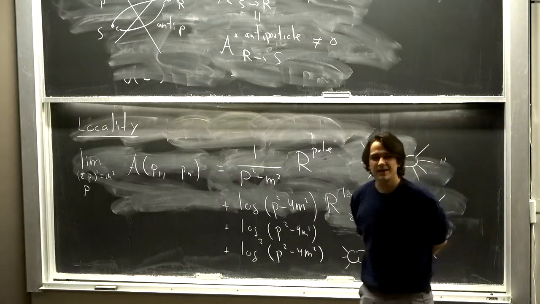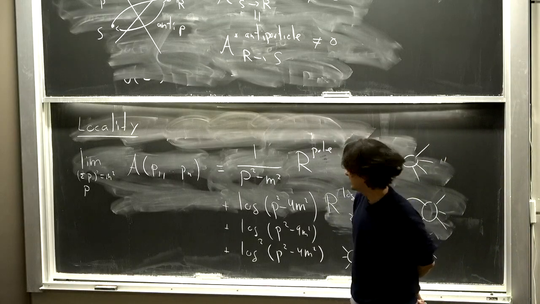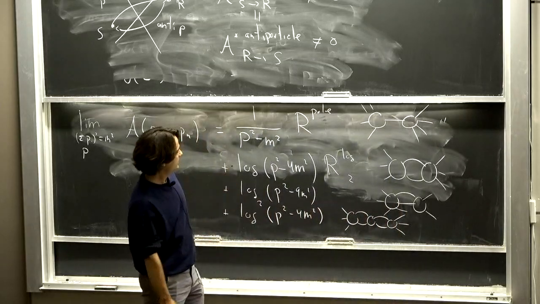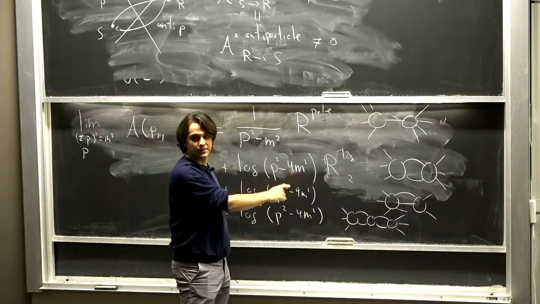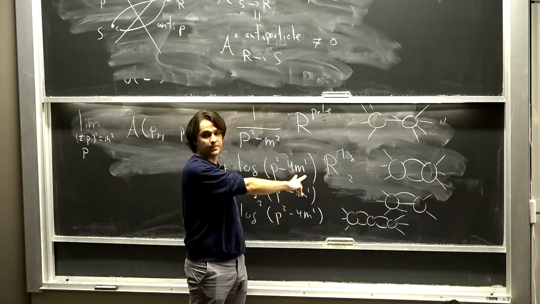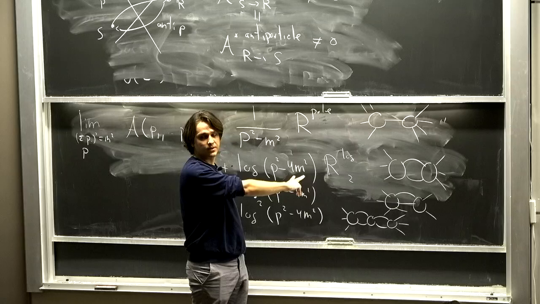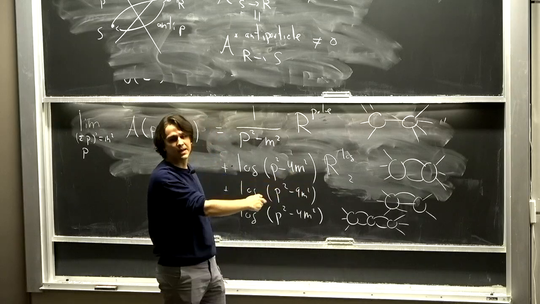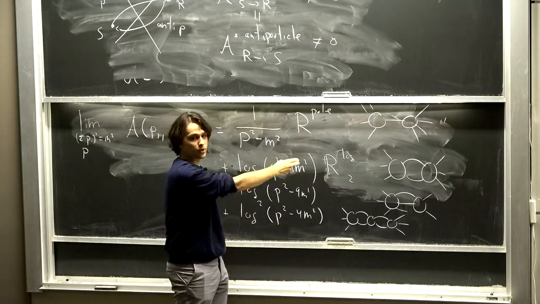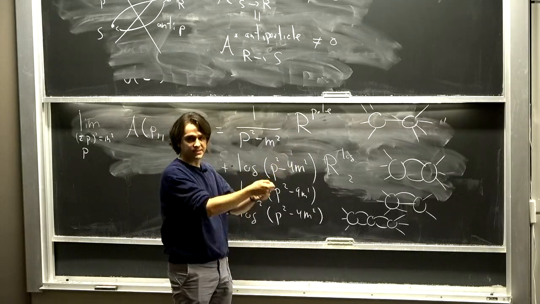Explain the difference between the second and third. Yeah, so the second here is p squared minus 4m squared, right? And that's when I have production of a pair of particles whose minimum energy will be 4m squared, which is kind of twice the mass squared, which is just the 2 particles at rest, right? So here there's some branch cut, some singularity, whose branch point is precisely a threshold.